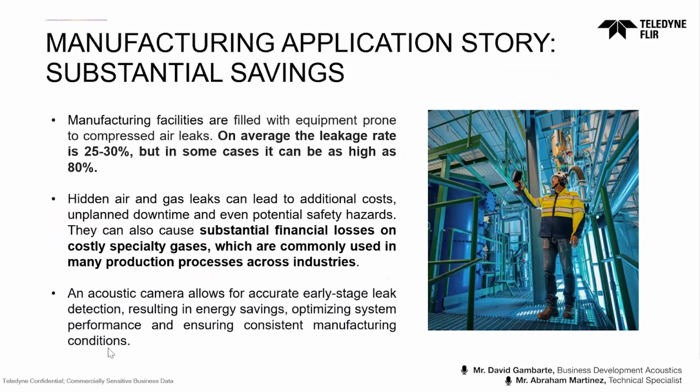But of course, cost reduction is a big asset. Manufacturing facilities are filled with equipment prone to compressor leaks. On average, the leakage rate is, as we mentioned before, 25–30%, but in some cases it can be as high as 80%. It's coming to my mind now, what kind of rate of leaks do they have, for example, in some wood processing industry where they use a massive amount of compressors for moving the wood from one place to another.